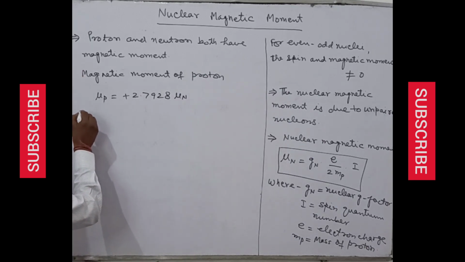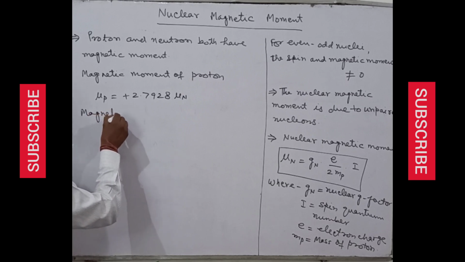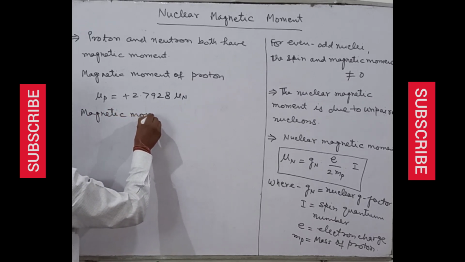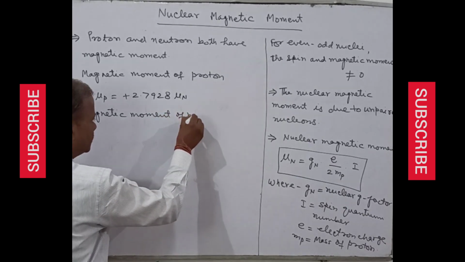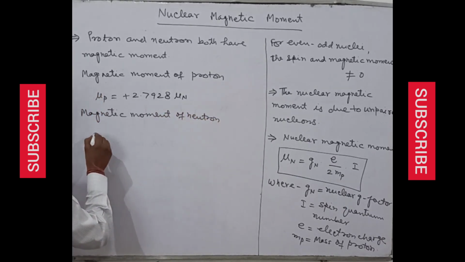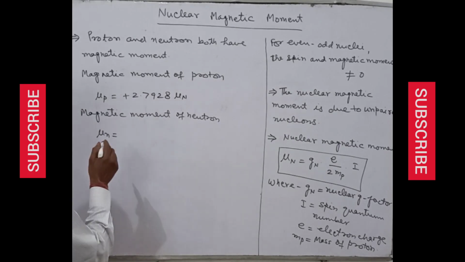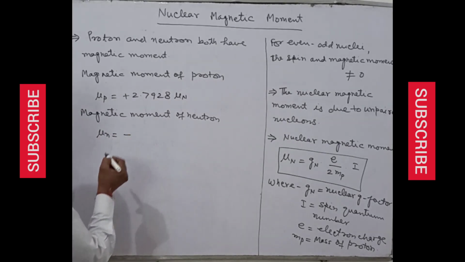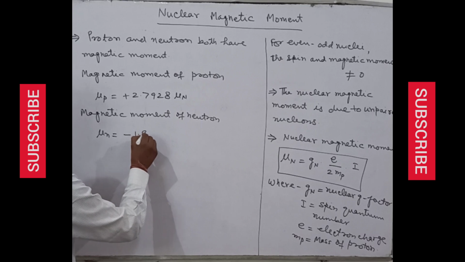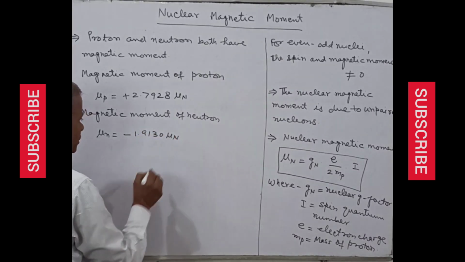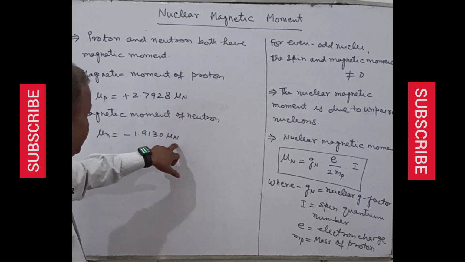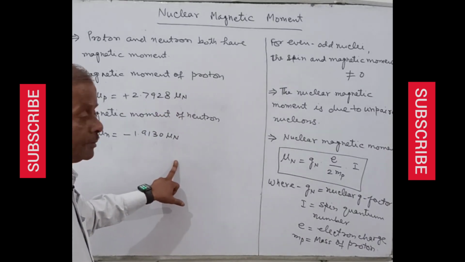And the magnetic moment of the neutron, mu n, is equal to minus 1.9130 mu n, where this mu n that we have written here is called the nuclear magneton.